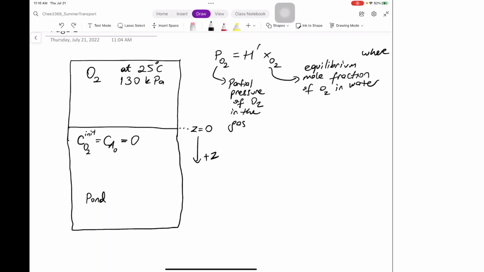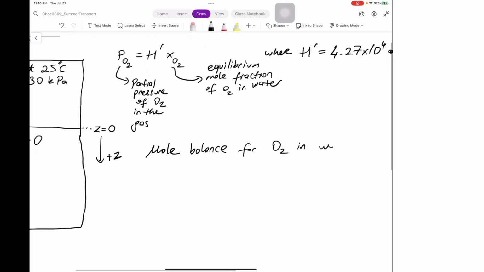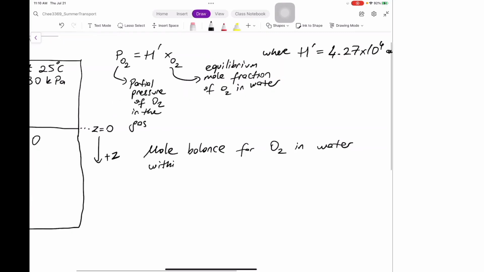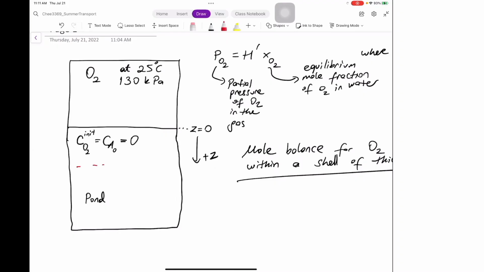First of all, let's do the mass balance. Let's call it mole balance for oxygen in water within a shell of thickness delta Z. We're going to do a shell balance here, and my shell is going to be this.